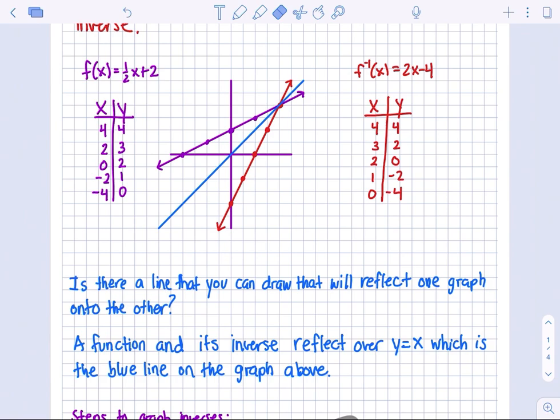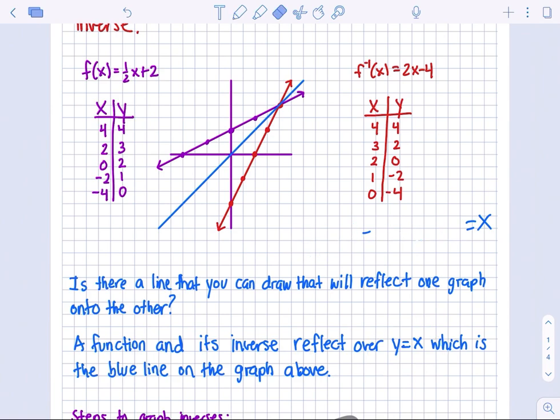If you were curious, you don't have to write this down, but do you recall f of g of x is equal to x, or g of f of x is equal to x? That's when you verify that they're inverses of each other, right? Well, the reason why they have to equal x is because it's demonstrated when it reflects over the line y is equal to x.